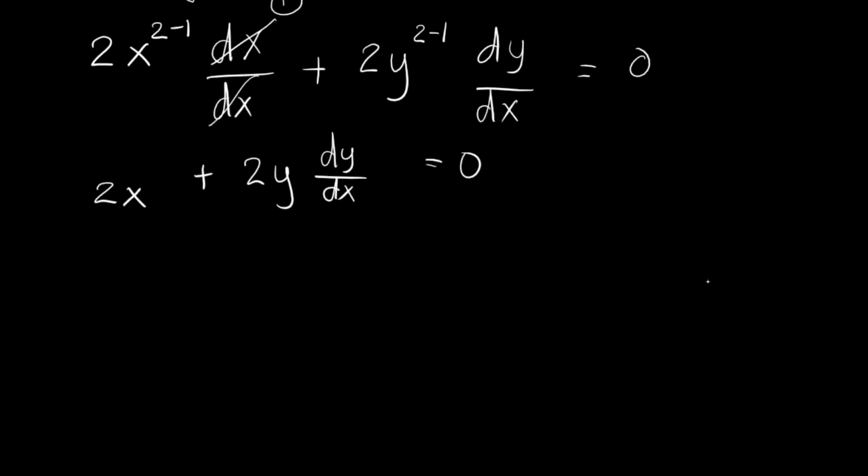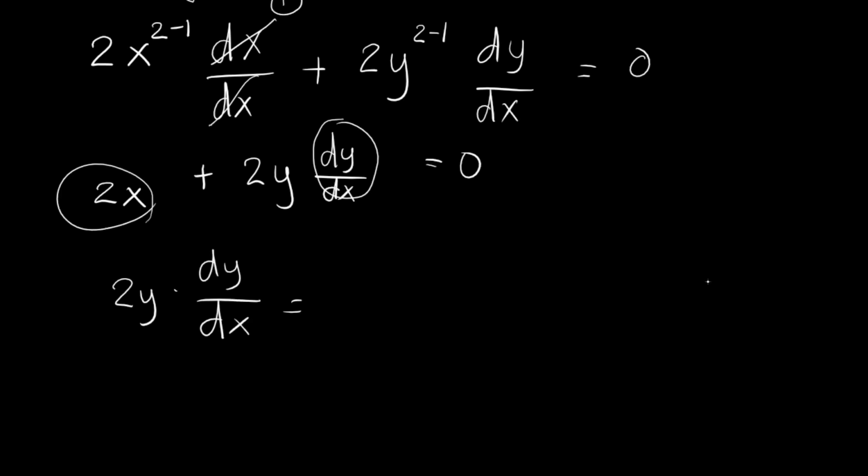Tapos, since kaya pa itong i-simplify, most of the time, guys, ang kinukuha mo talaga when differentiating through implicit differentiation ay yung dy over dx mo. So, kailangan manatili si dy over dx sa isang side ng equation. So, let's try this. 2y times dy over dx. Tapos, ilipat natin si 2x.